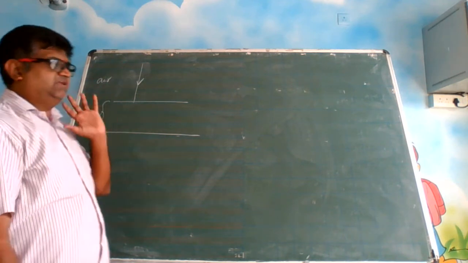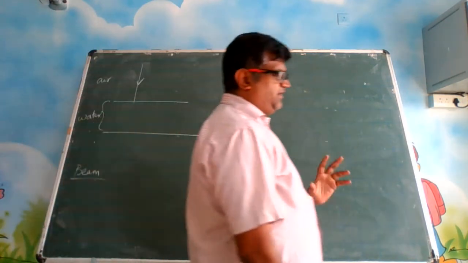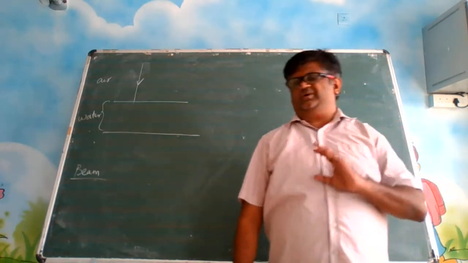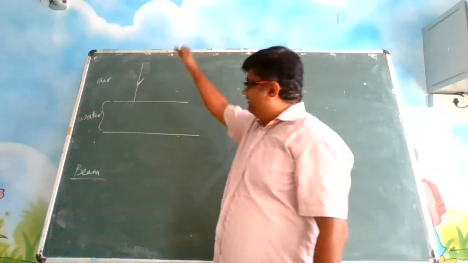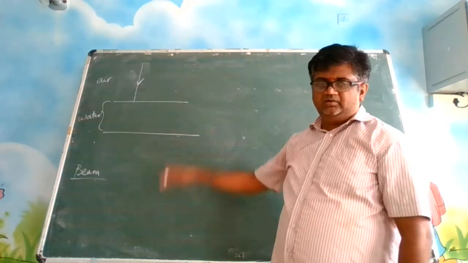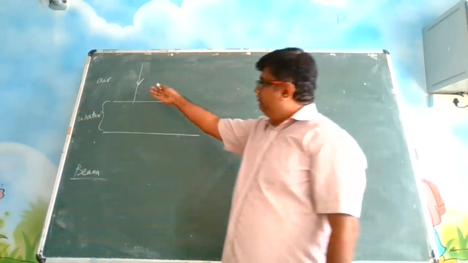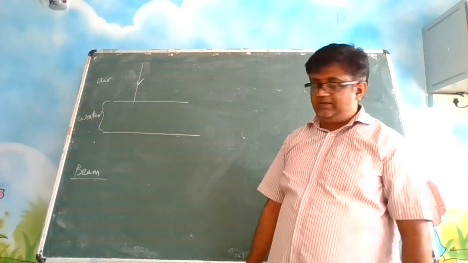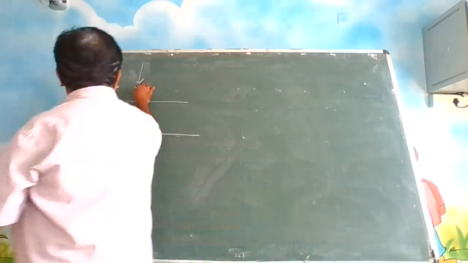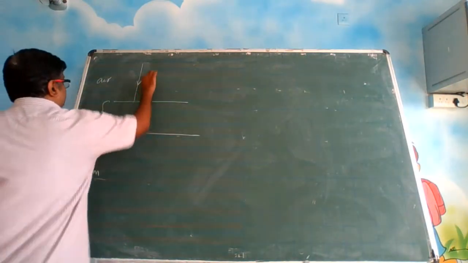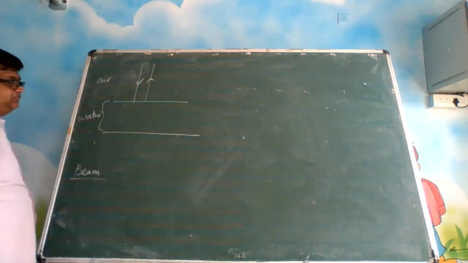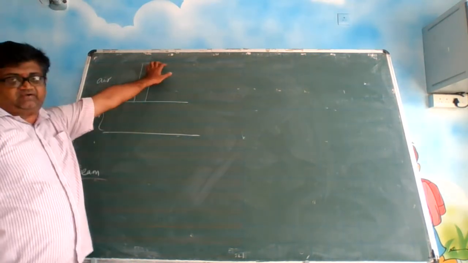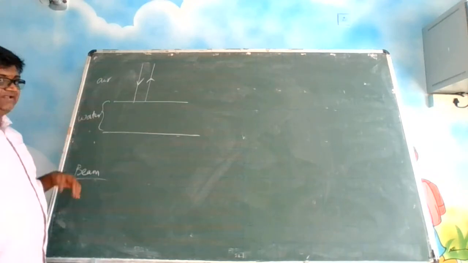Let us say 10 rays are there. In those 10 rays, some 8 rays got reflected back. But a few rays, because this is water and this is air, the refraction will happen here. I am not drawing that line here, I am going to draw that line here. Some rays got reflected. But what happened to the other rays?